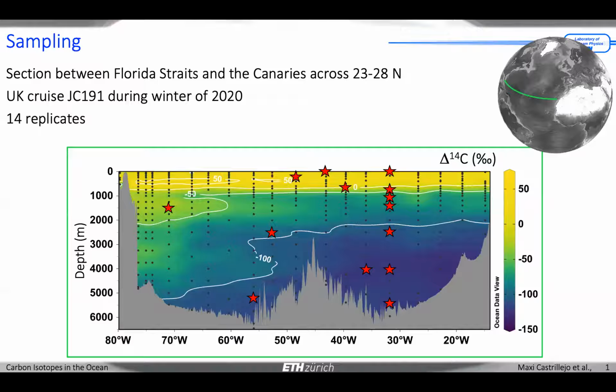We were lucky to start the collaboration with Heather Graven, because her group took, well, Joe Lester collected samples along this section shown in the green line on the globe, across the Florida Strait and the Canaries between 23 and 28 North.